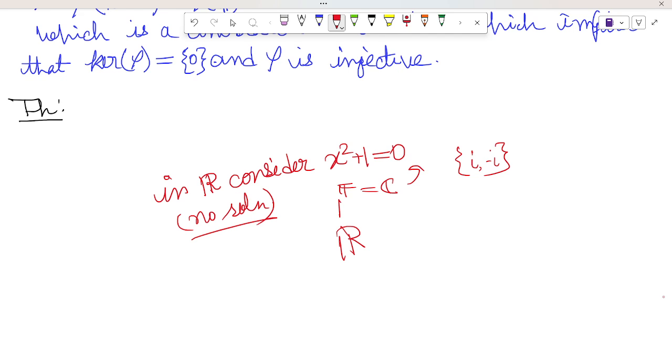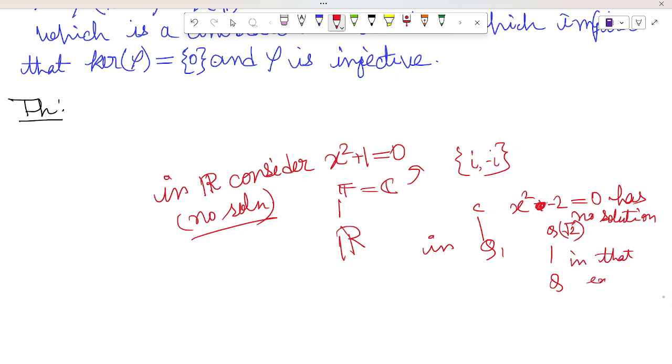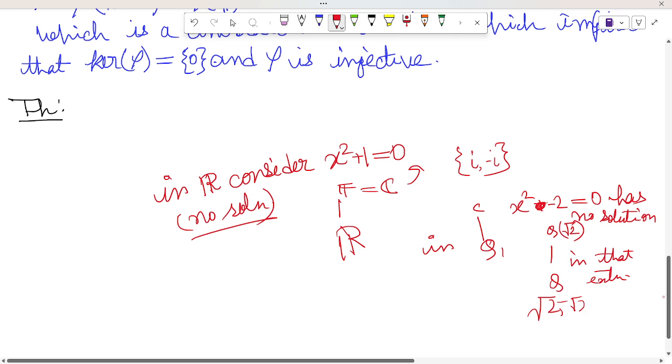Again in Q, the equation x square minus 2 equal to 0 has no solution. But if we extend the field to C or to Q adjoined root 2, then zeros are there, root 2 and minus root 2.